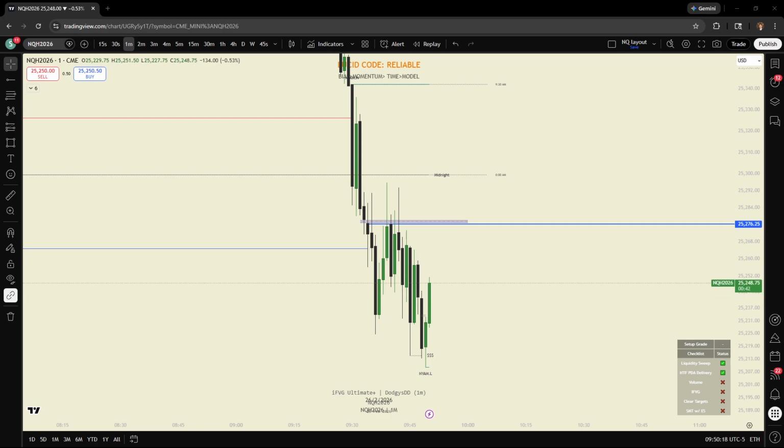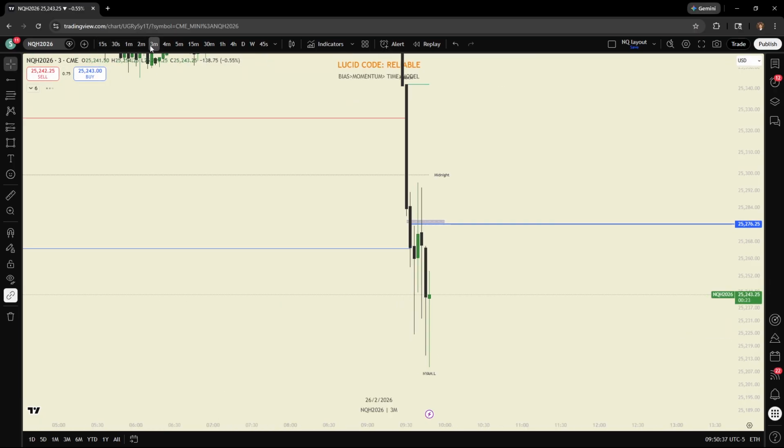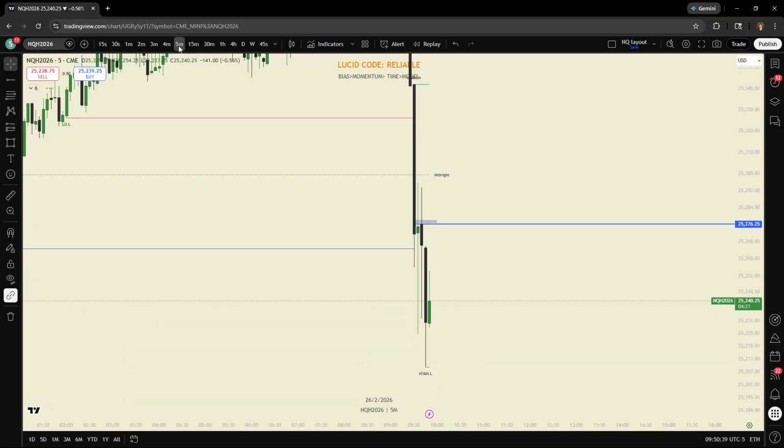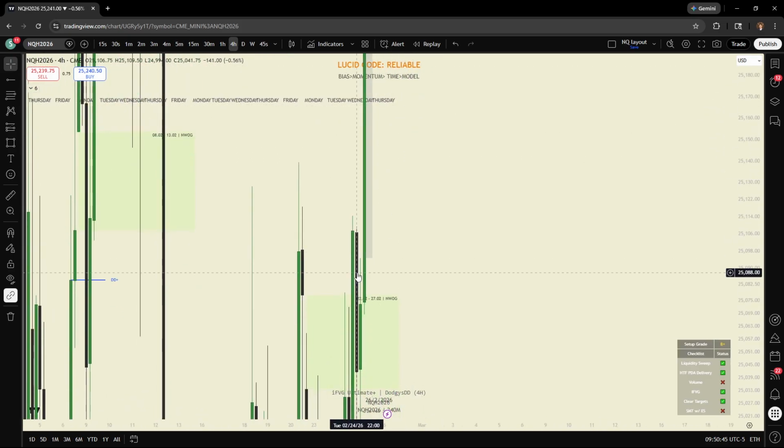So macro times here, we can now finally maybe see a reversal. This is the 4 hour order block.